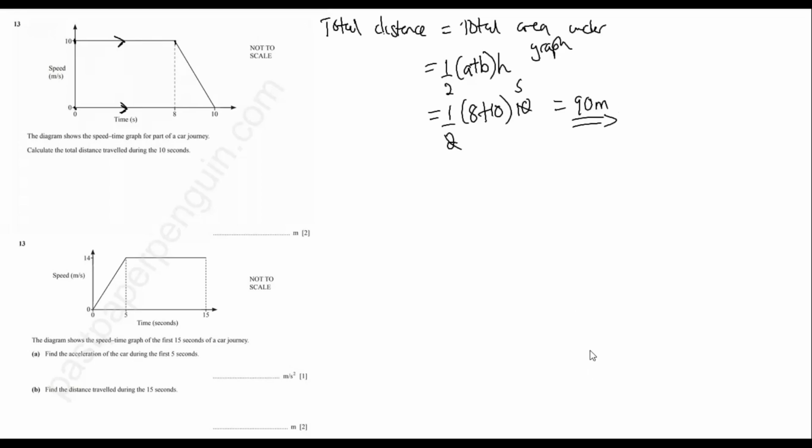So find the acceleration. Acceleration, we said, is final velocity minus initial velocity divided by time, V minus U over T. The final velocity was 14 minus 0, that's 14, divided by 5. So we get 2.8.